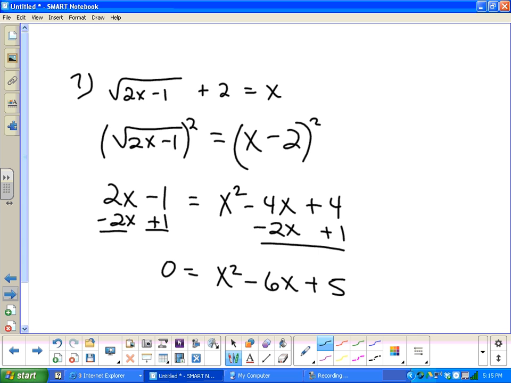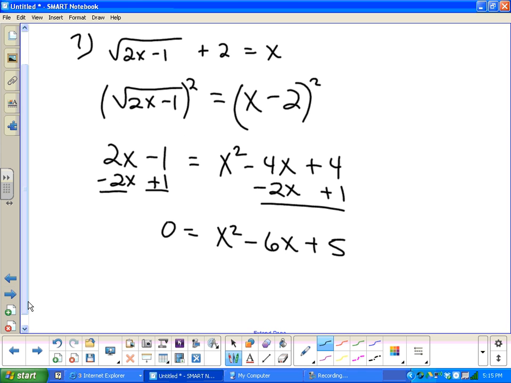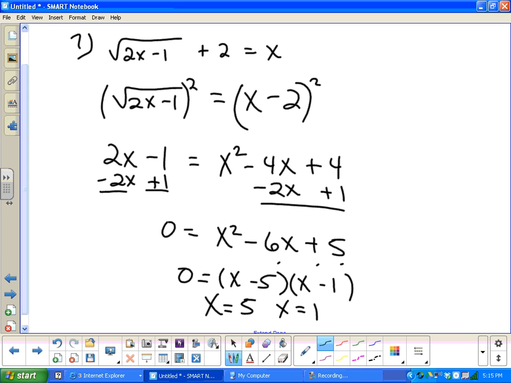And notice that's going to factor pretty nicely here. Factors of 5 that add to be 6 would be 5 and 1. All right, both signs are going to be negative. And so my solutions here, I'm going to get 5 and 1.